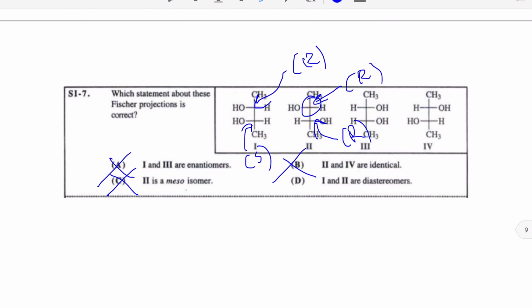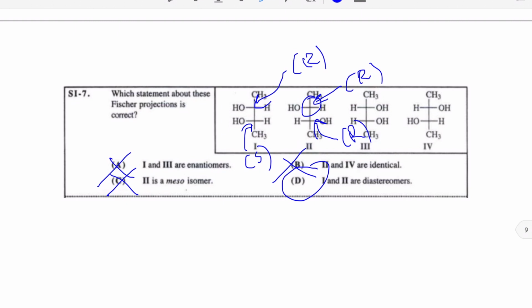Even though the bottom stereocenter does flip because we interchanged the two groups, the top stereocenters actually have the same configuration. So that means that these two are not enantiomers. They are in fact diastereomers. So that is how we end up with D as our final result.